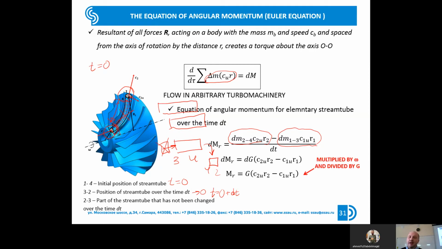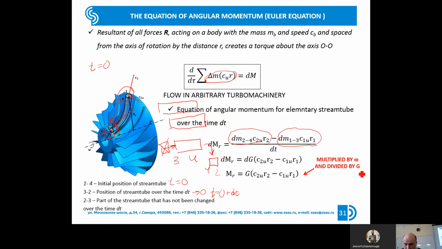We multiply all parts of this formula by omega, the angular rotational velocity, which is usually measured in radians per second, or maybe degrees per second, and divide all parts by the mass flow rate.